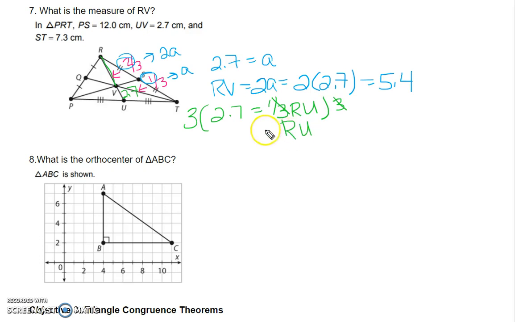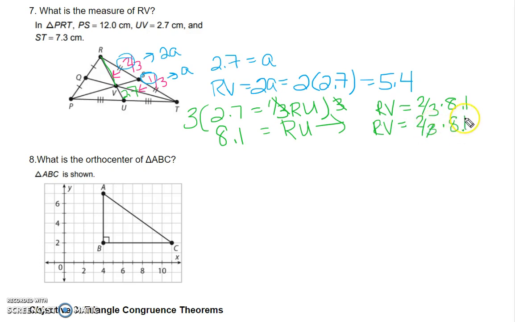The entire length is 8.1. And again, I know that RV is going to be 2/3 of that 8.1. So since RV is 2/3 of that 8.1, I know 3 goes into 8.1 2.7 times, and 2 times 2.7 also gives me 5.4.